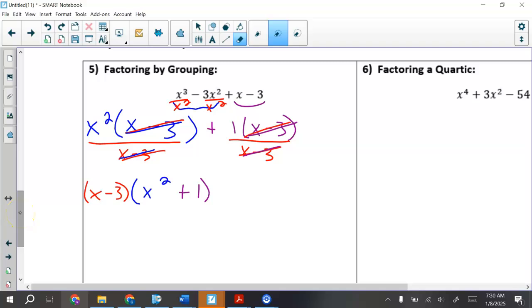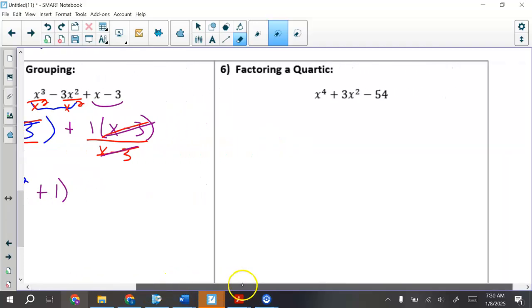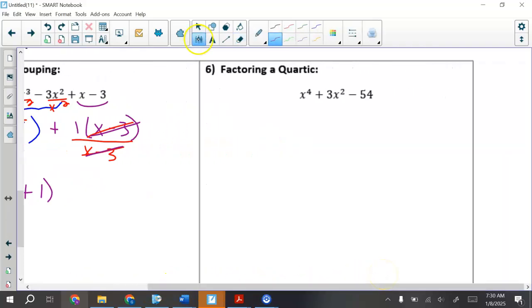Factoring a quartic. This one is very similar to a problem we've done earlier in the year. We could think of that as like x squared plus 3x minus 54. So if we think about how we factored that one, we'd break it up x and x. Multiply to be 54, add to be 3 would be 9 and 6.